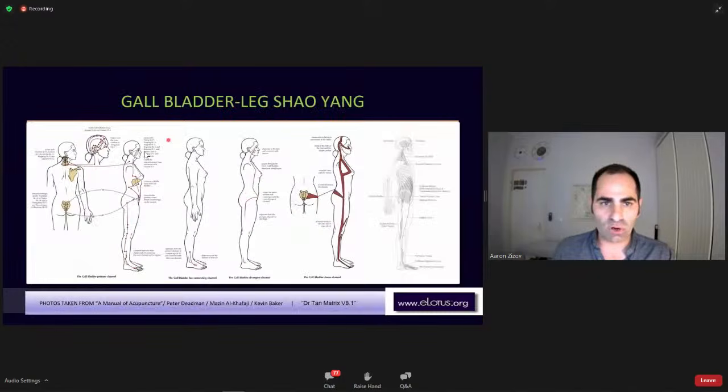Then we talked about the gallbladder. Well, it takes me more than 10 minutes, I'm sorry. Gallbladder is responsible for all the sides. Just notice that the sinew channel has a branch to the sacral area. So many times the sciatic pain issues are because of this connection.